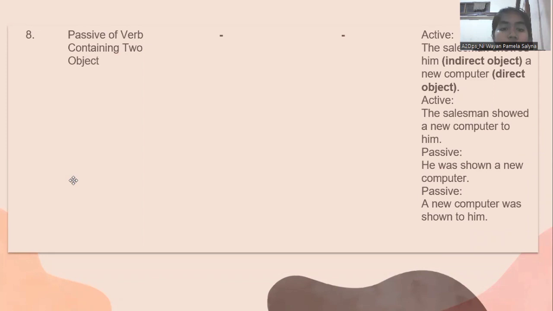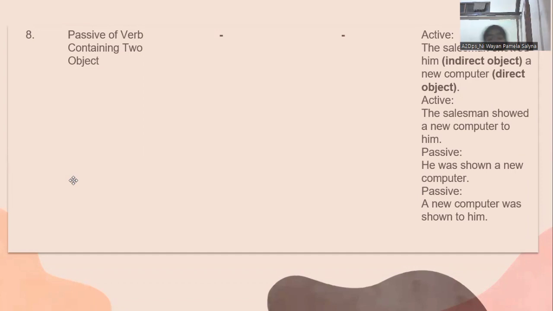Usually it is the direct object which becomes the subject of the passive sentence. We can, however, also use the indirect object as the subject. The indirect object is the object that appears first in an active sentence.